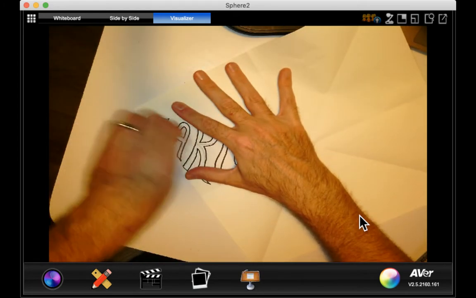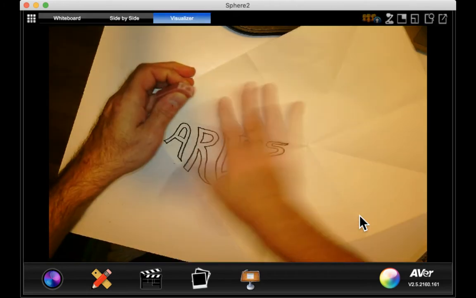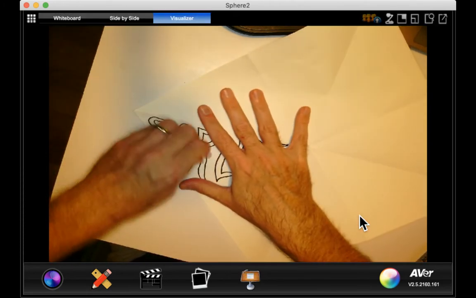I'm going to erase inside some of these letters and get rid of the pencil lines that I don't need. Okay.